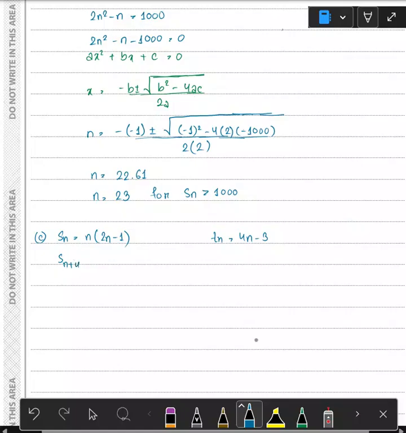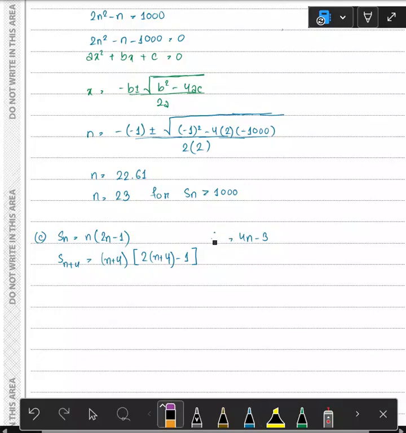We just substitute here n with n plus 4. Okay, substitute that. So here this would simply be n plus 4 bracket 2 n plus 4 minus 1.